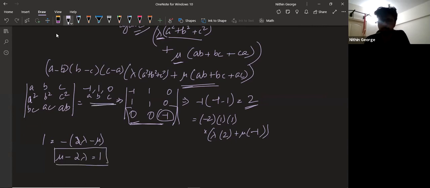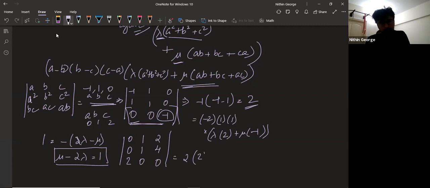Next, I bring in another substitution. Okay. A, B, and C, I'll take other values. 0, 1, and 2, suppose. So then what happens? This A becomes 0, 0 square, and BC becomes 2, 1, 1, and AC. Wherever A is there, it becomes 0. And C square is there, which becomes 2 and 4. This value I get it as 2 into 4 minus 2, which is 2.